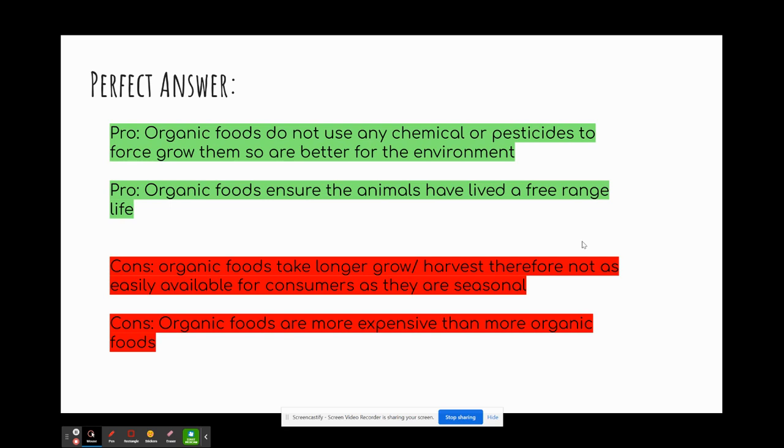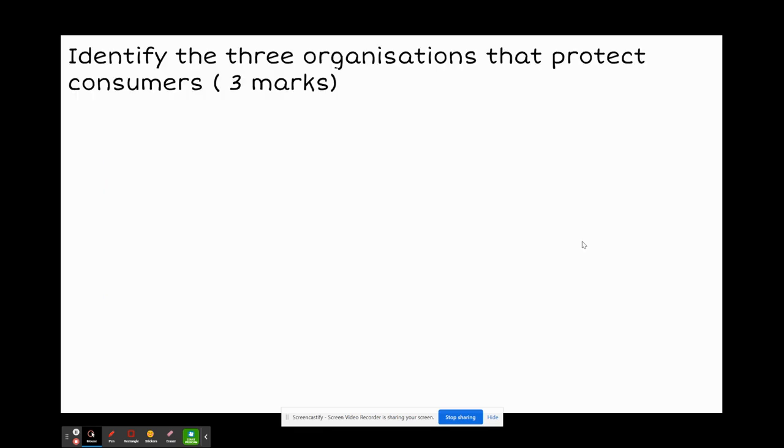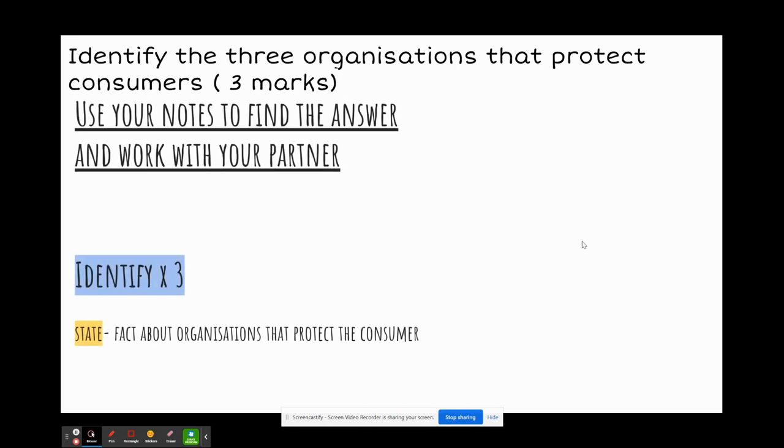than non-organic foods. Our next question, we are asked to identify 3 organisations that protect the consumer. This is worth 3 marks, and as we know, every question tells us 3 things. Thing 1 is the command word, in this case it's identify, therefore we are stating a fact.